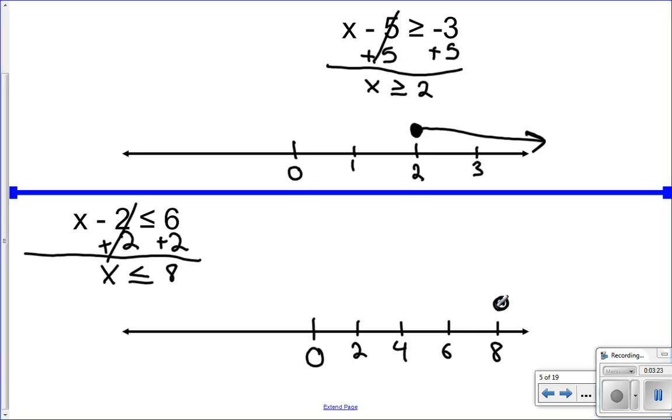I'm going to draw a closed circle because it's less than or equal to, and it's everything that's less than 8. For example, 0. 0 is less than 8. And to show that it works, you could plug 0 into this inequality. 0 minus 2 equals negative 2, and negative 2 is less than 6. So it's going to be everything to the left of it.